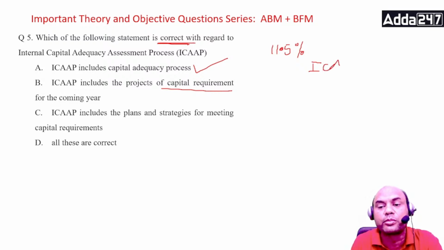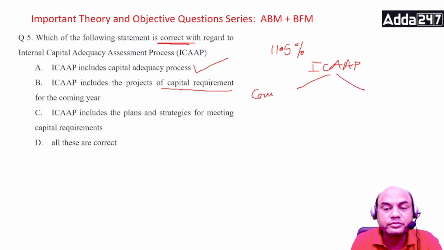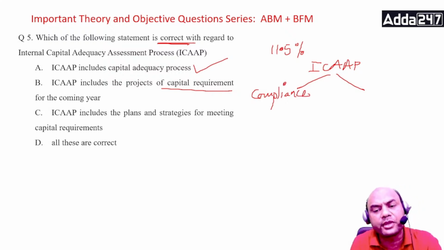ICAAP includes two parts. Always remember. One is compliance. Compliance means whatever RBI says, whatever the norms are, are you following them? That is the normal thing which everyone understands. We all feel RBI is just for the compliance part. But ICAAP also includes business.